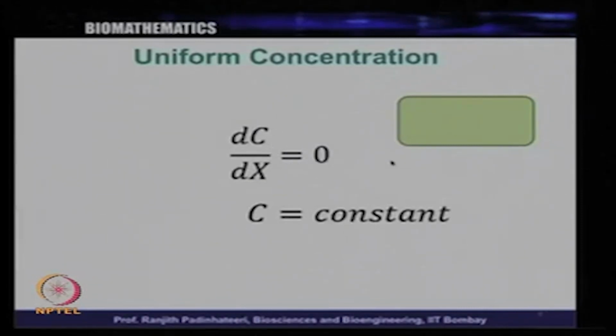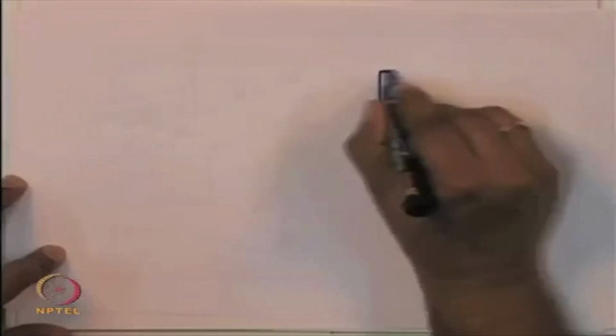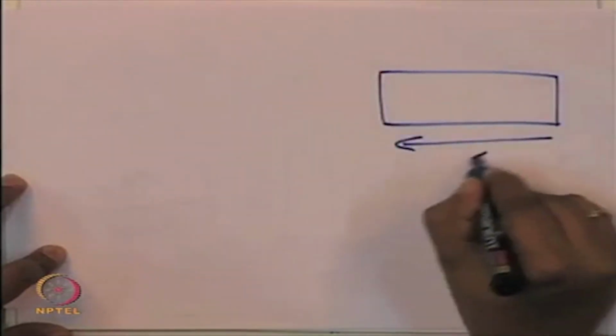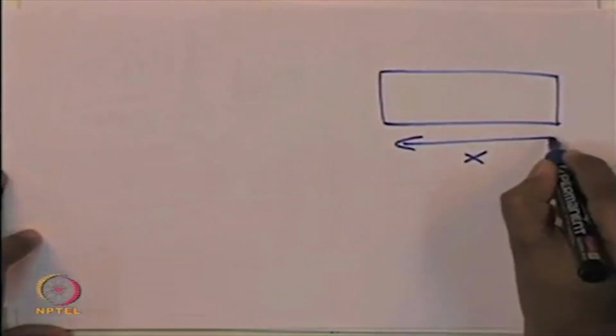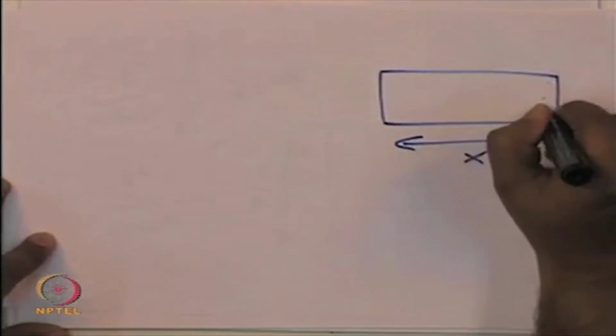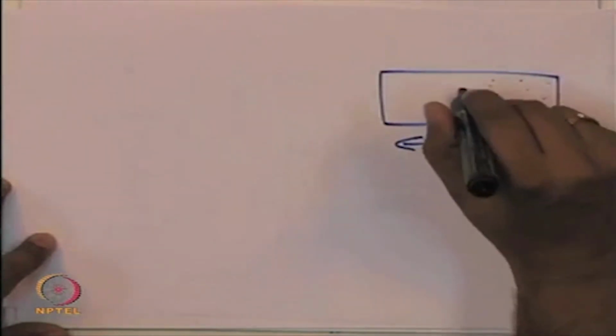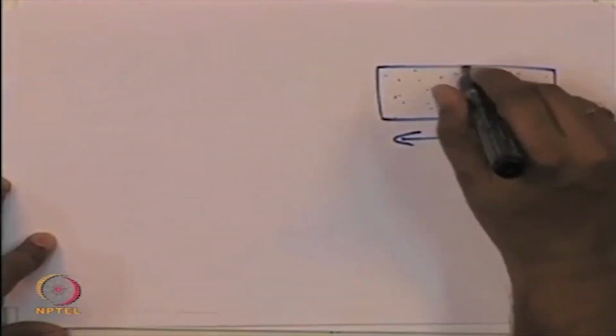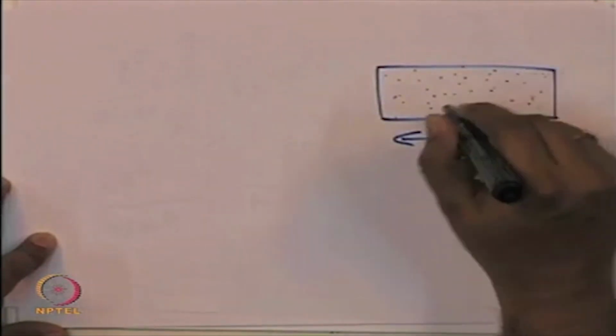Let me draw here. Have a look at this drawing. Let me call this x the distance, for convenience. Starting from here, x goes in this particular way. All over here the concentration is pretty much the same, let us say uniform concentration everywhere.